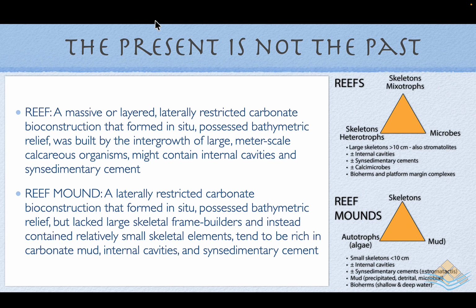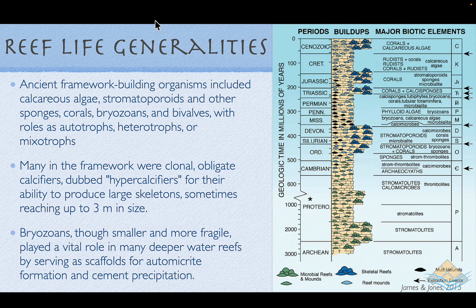If we put this concept of reefs and reef mounds now into a time framework, there is a range of ancient framework building organisms building the reefs, and those reef framework formers include the calcareous algae, the stromatoporoids, sponges, along with different types of corals, tabulate and rugose corals in the Paleozoic, with variable contributions of bryozoans and bivalves.